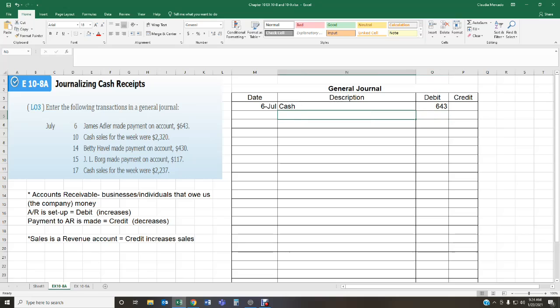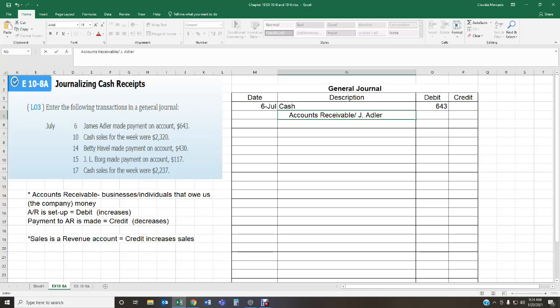And then it says that the payment was made on account. So that means that Adler owed us money. So let's look at my accounts receivable. Whenever a payment is made to accounts receivable, we have to credit the accounts receivable for that customer. So in this case, James made a payment. So now I'm going to credit James's accounts receivable. So I'm going to do accounts receivable, and this is for J. Adler.